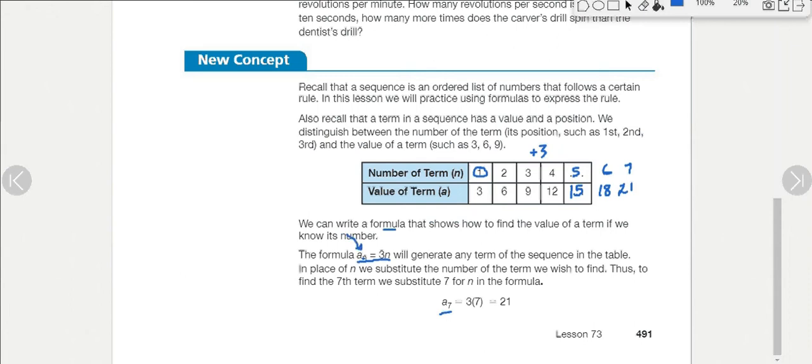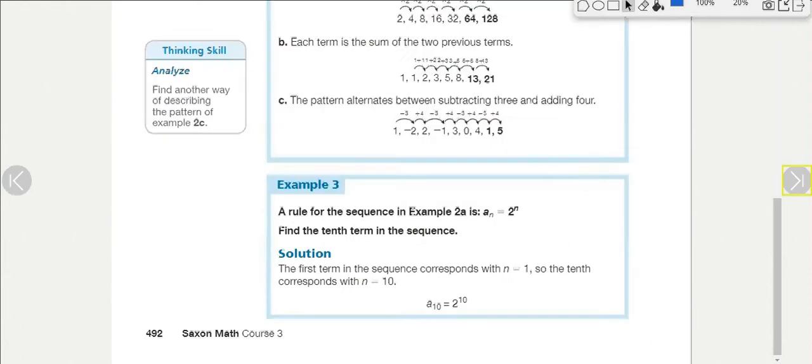Use this formula to find the 7th term really quick. The value of the 7th term is 3 times 7. N, or position, is 7. So the 7th value is 21. And it was. We just plug in using the values n and a that we are given.